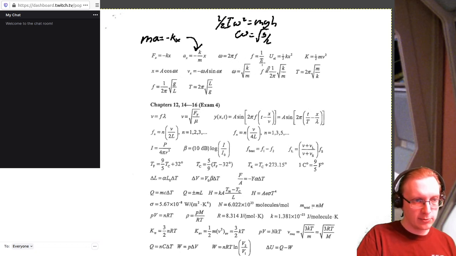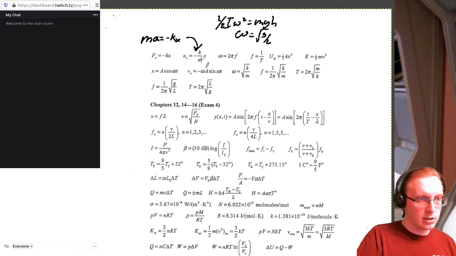Frequency is one over the period. Here we have our kinetic energy and spring energy again. And then this is the solution to this differential equation, and this is the first derivative of that solution.